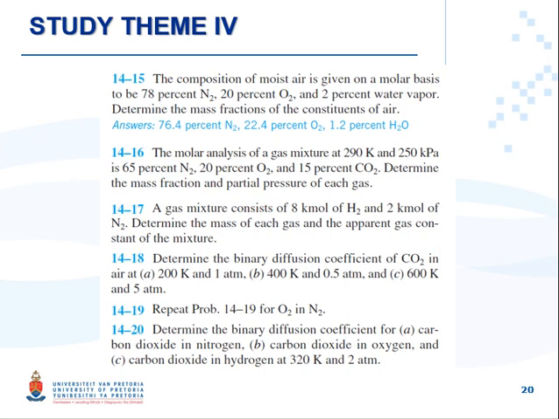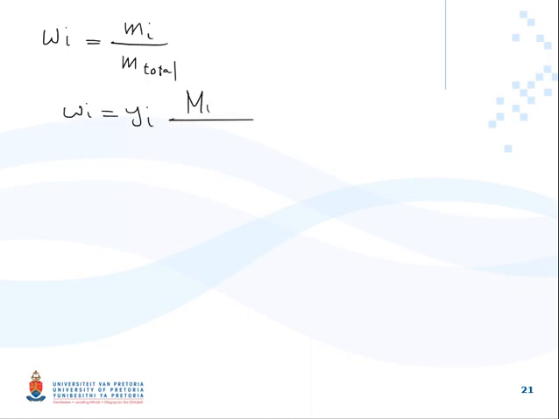Let's open a page. So it's asking for mass fraction. We know that for mass fraction, we need the mass divided by the total mass, basically. We also said that the mass fraction is equal to molar fraction multiplied by Mi divided by M total.